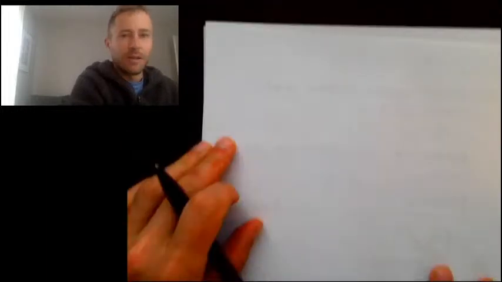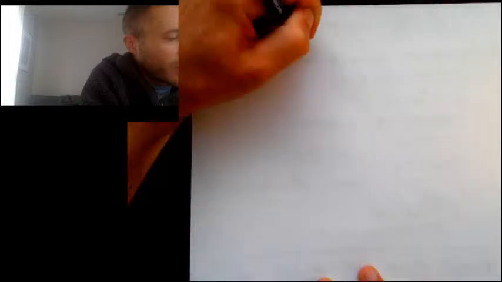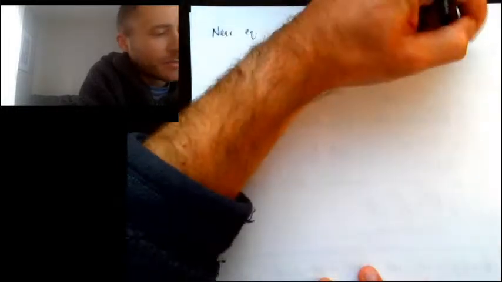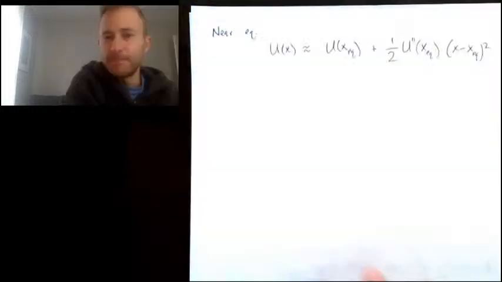So what that means is that near equilibrium, u of x is approximately equal to its value at the equilibrium point plus 1/2 u prime prime at the equilibrium point times x minus x equilibrium squared.